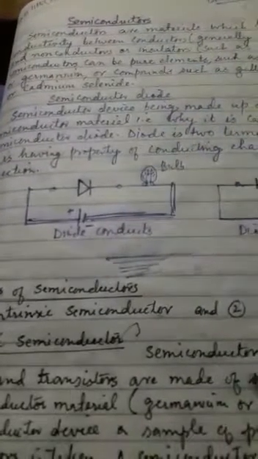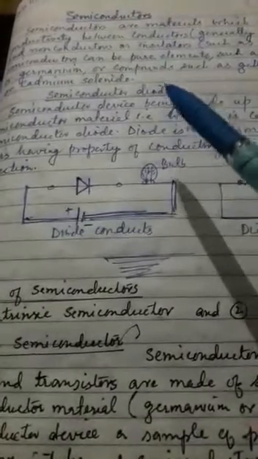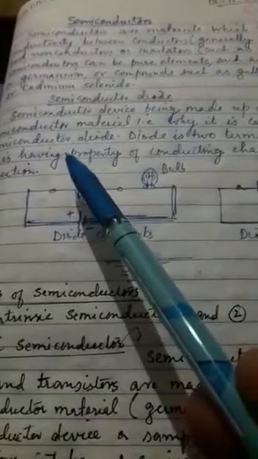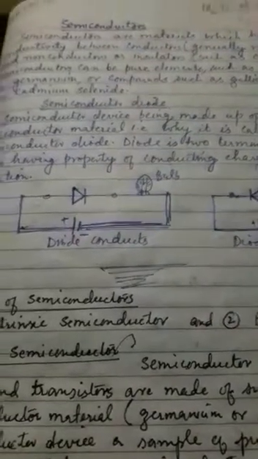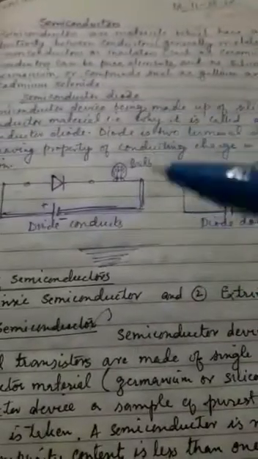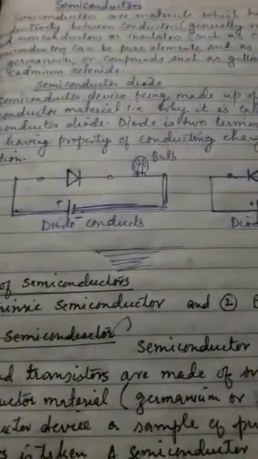It is called a semiconductor diode because the diode itself is made up of semiconductor material, that is silicon or germanium. These are the two semiconductor materials of which these devices are made.